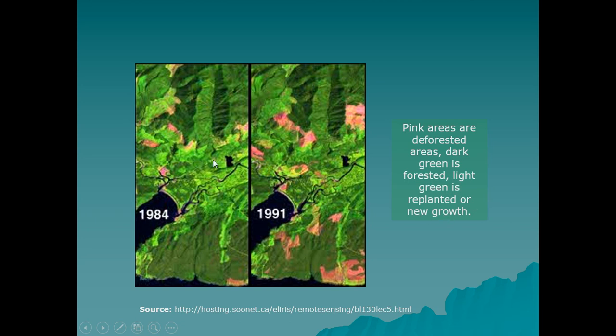If you compare the two, the most obvious thing to see is that in the 1991 photo, you can clearly see there's an increased area coverage of deforested areas, but you also see variations between the light green and the dark green. An example of this type of temporal analysis or change monitoring can be used by planners to recognize areas and issues of concern so that they can make plans accordingly.